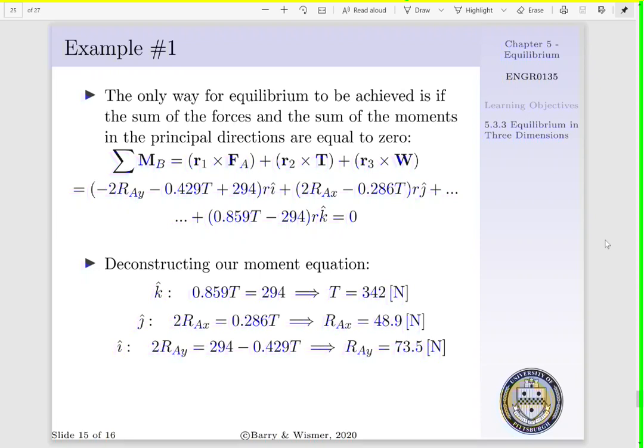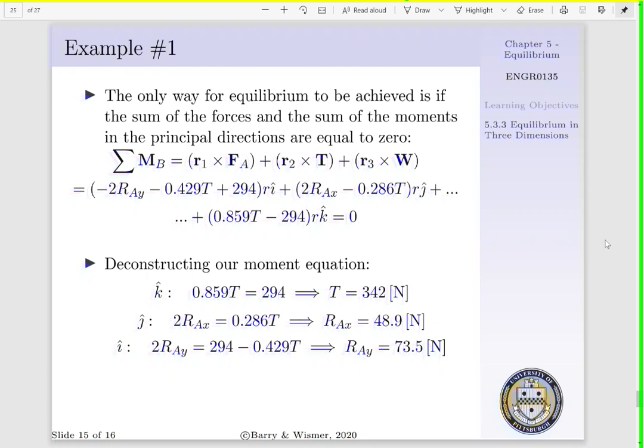Deconstructing our moment equation in the k hat direction, we see we have 0.859T minus 294 times R has to be equal to 0. Or we can say 0.859T is equal to 294, or the tension in our cable is 342 newtons. Looking at the j hat direction, we see we'd have 2RAX minus 0.286T, quantity times R being equal to 0, or we can say 2RAX is equal to 0.286T, and we can solve for RAX being 48.9 newtons.